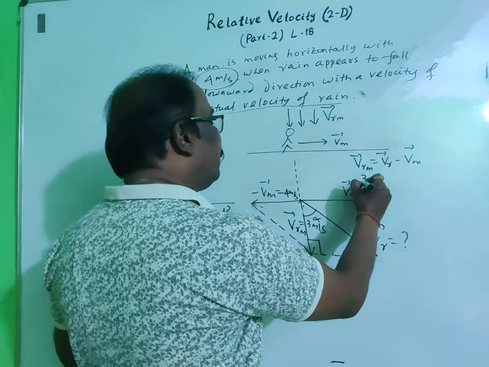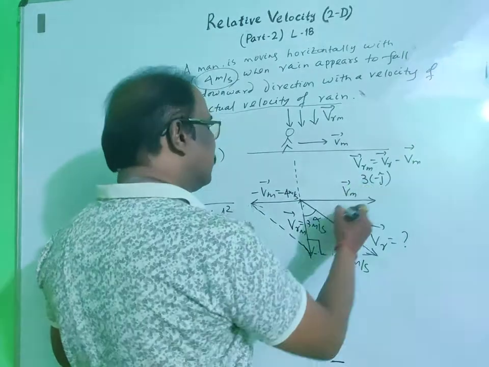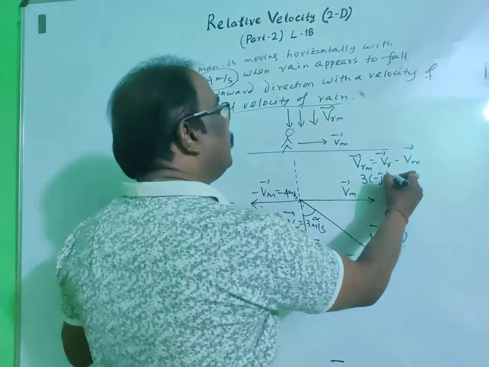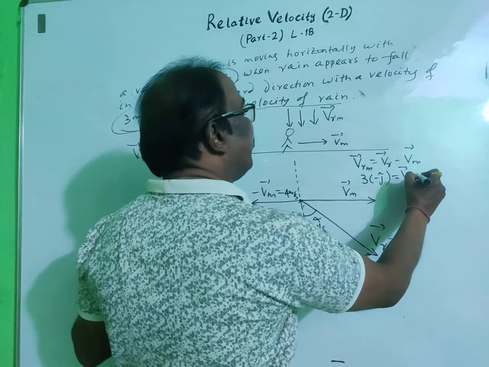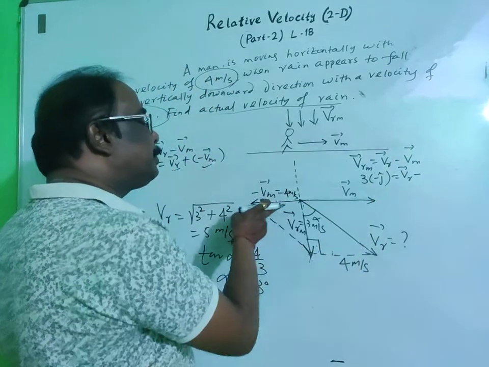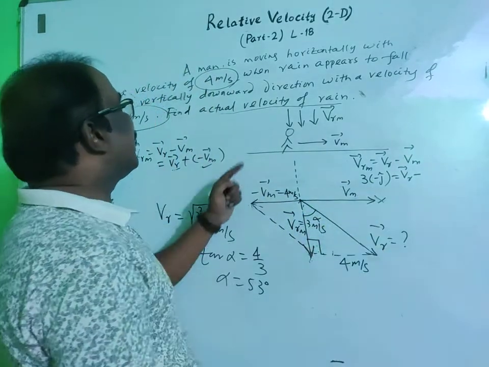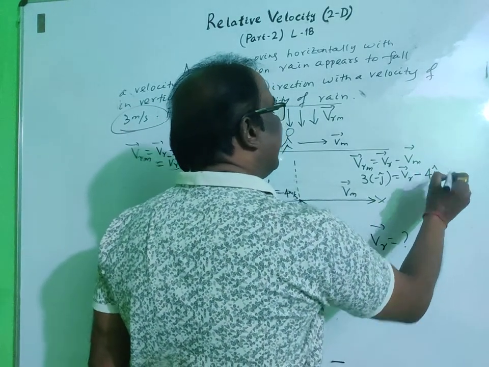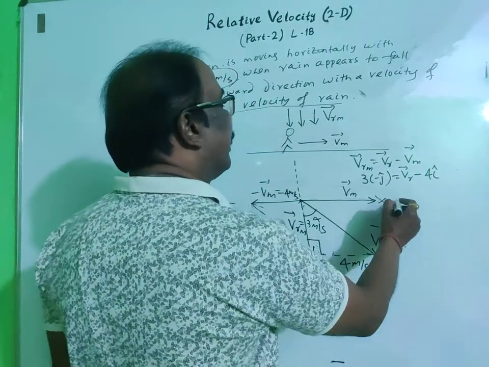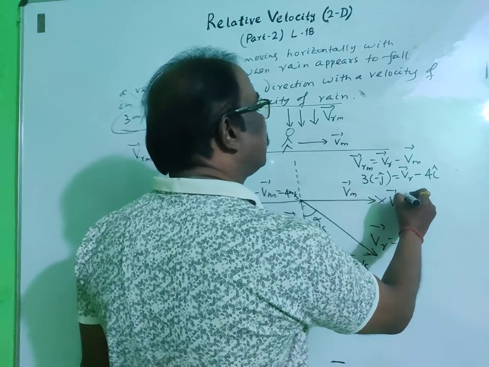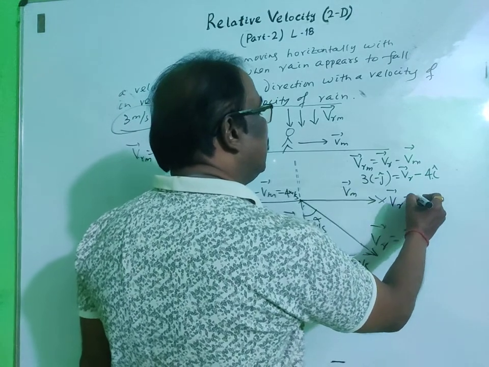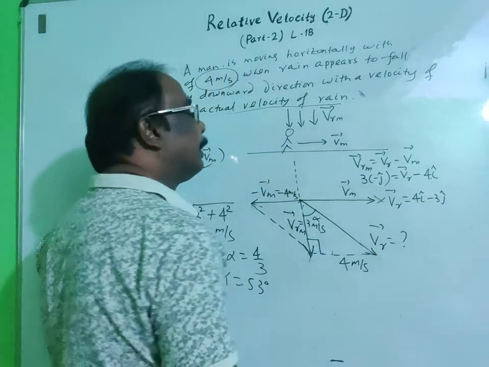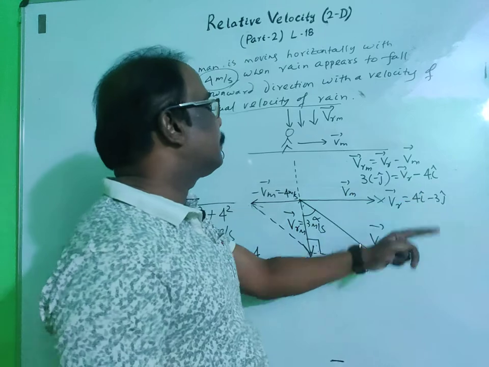Then this is 3 into minus j cap. 3 into minus j cap is equal to Vr minus Vm. Vm is along positive x-axis. Magnitude of Vm is 4 meter per second. Then this is 4 i cap. Then Vr is equal to 4 i cap minus 3 j cap.